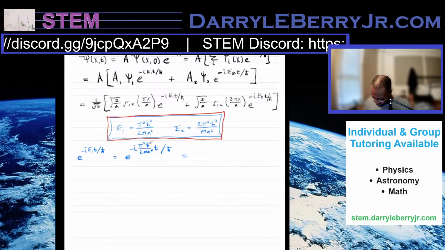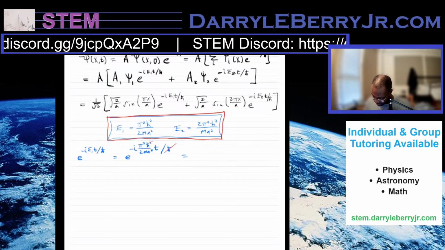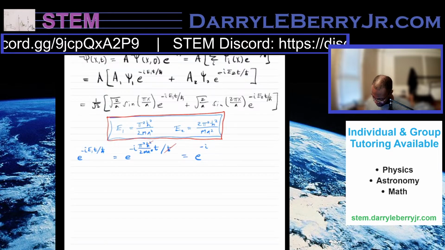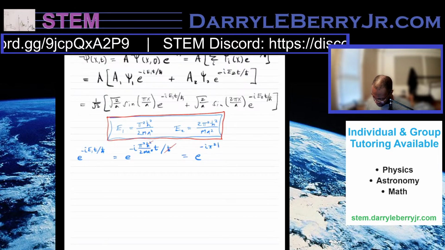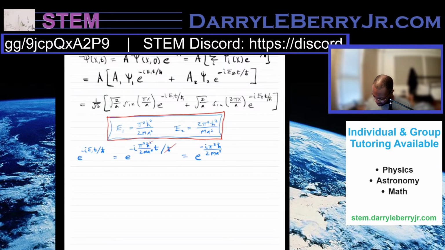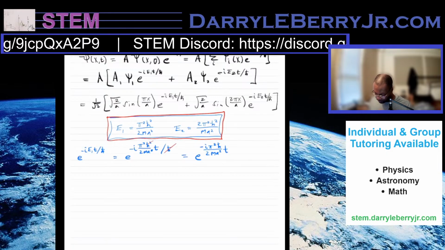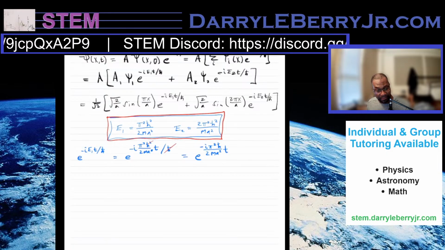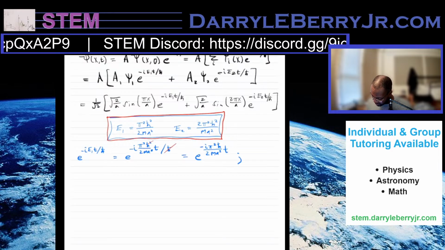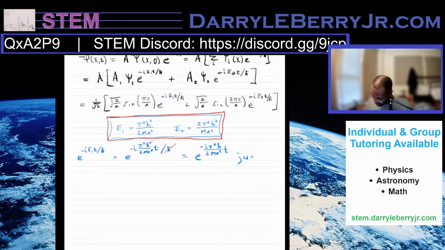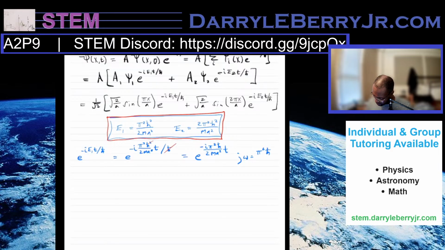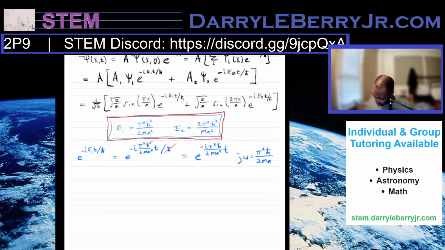So this pi squared will cancel with that. This will be e to the negative i pi squared h bar over 2m a squared t. And they're going to let omega equal pi squared h bar over 2m a squared. So omega equals pi squared h bar over 2m a squared.